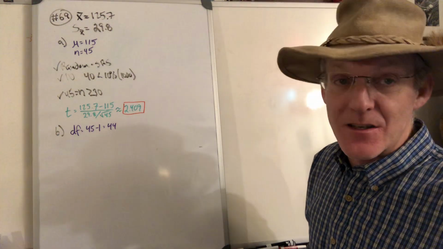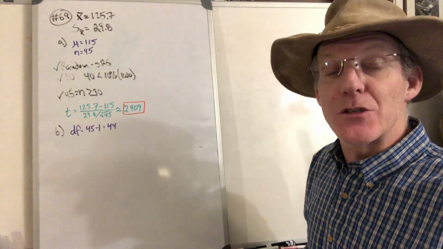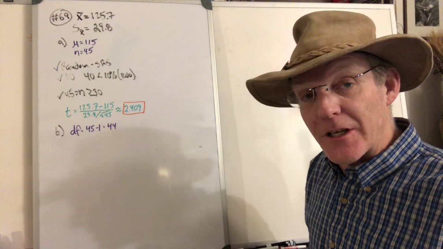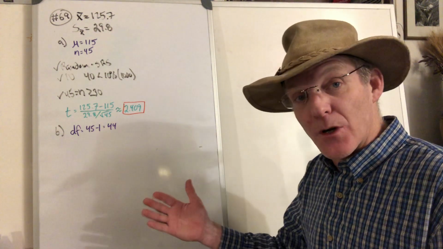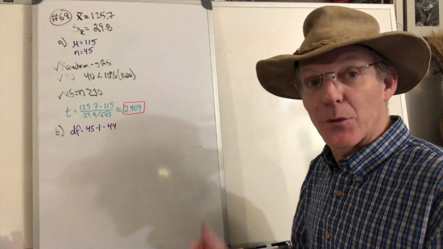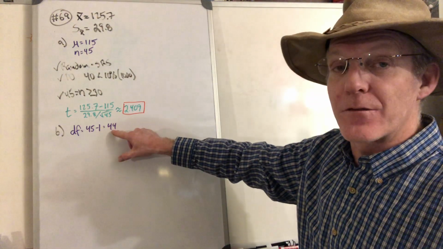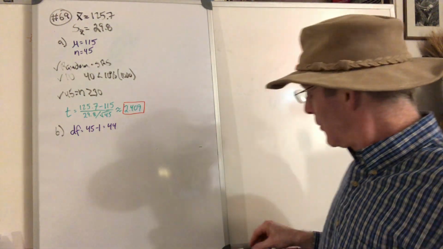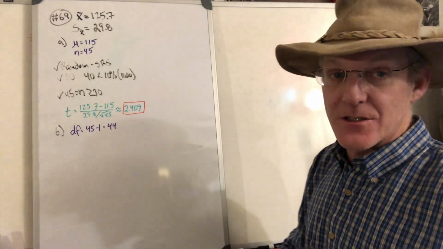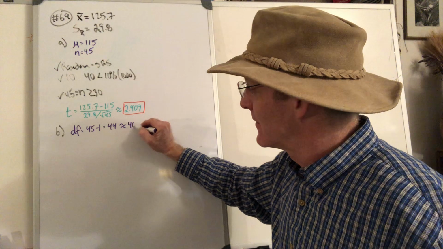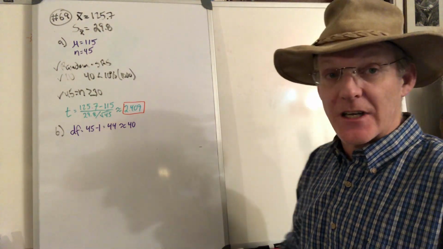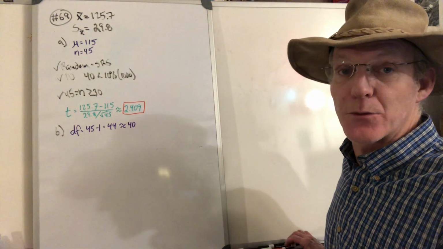Starting at 30, it starts to skip. Remember that? So we use the lower degrees of freedom, which is the larger value in here, so it makes sure it captures our value we're looking for. So instead of 44 in our table, we're going to use 40 degrees of freedom. So I'm going to say approximately 40 degrees of freedom. Now, when we use our calculator, 44 was more accurate, and that's what we'll use.